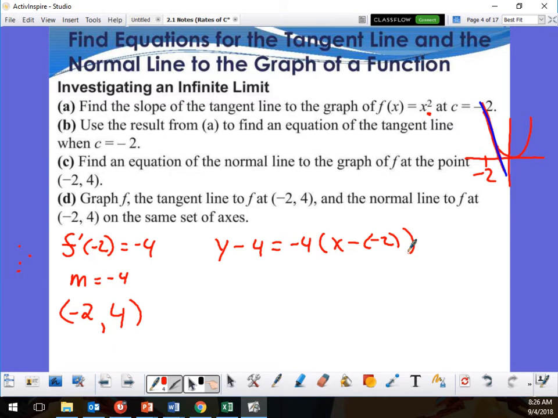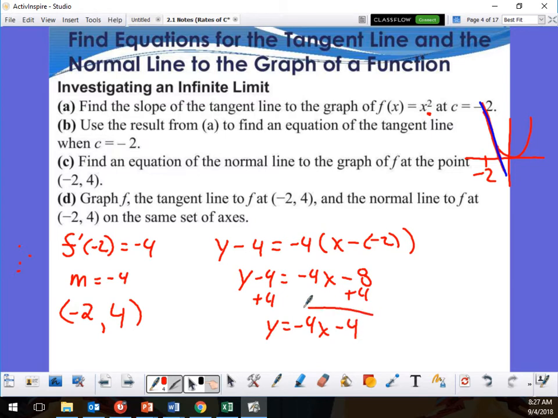Okay, so let's keep going. So this is going to be y minus 4 equals, distribute, so it's -4x, and that's going to be -8. Yes? Okay, what am I doing to both sides? Add 4. So y equals -4x minus 4.